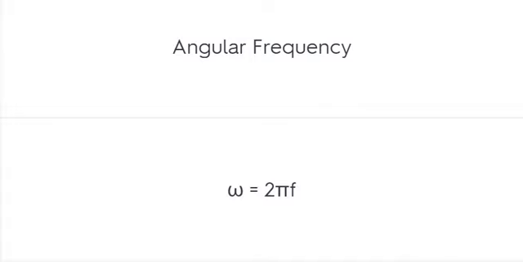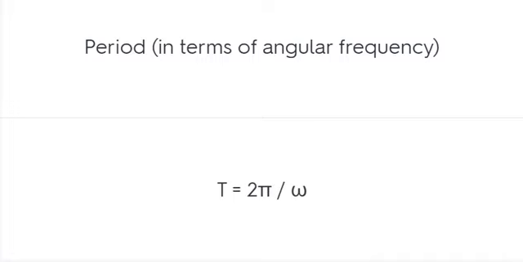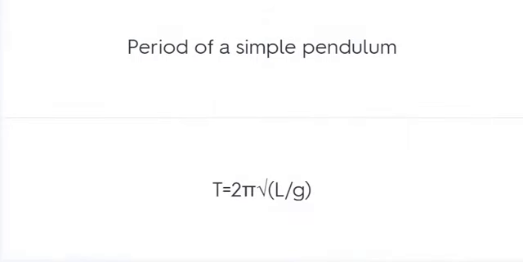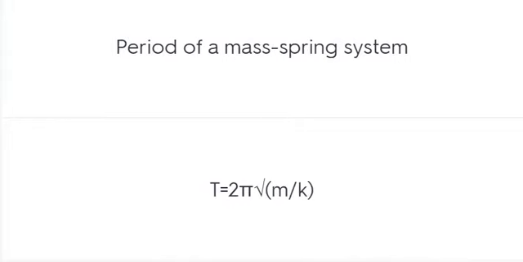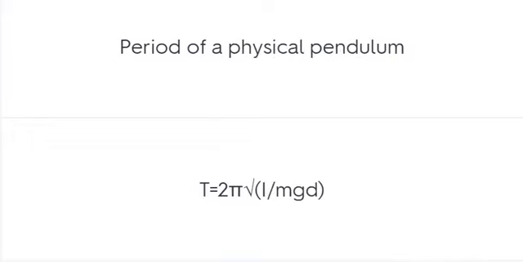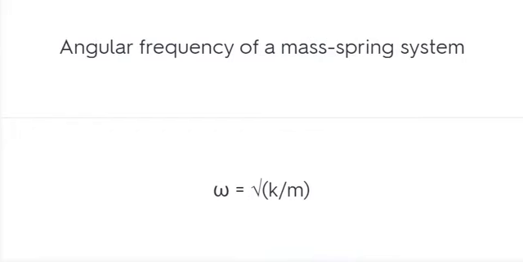Angular frequency equals 2 pi f. Period: T equals 2 pi over omega. Period of a simple pendulum: T equals 2 pi root (L over g). Period of a mass-spring system: T equals 2 pi root (m over k). Period of a physical pendulum: T equals 2 pi root (I over mgd). Angular frequency of a mass-spring system: omega equals root (k over m).